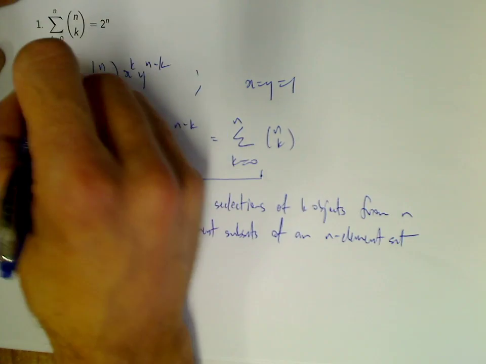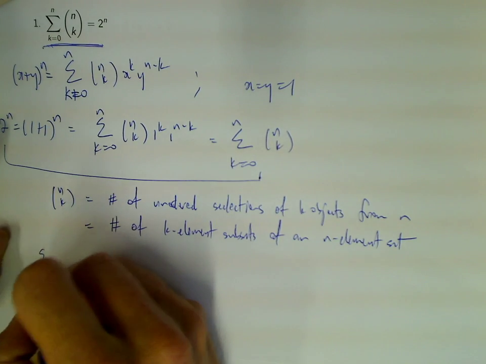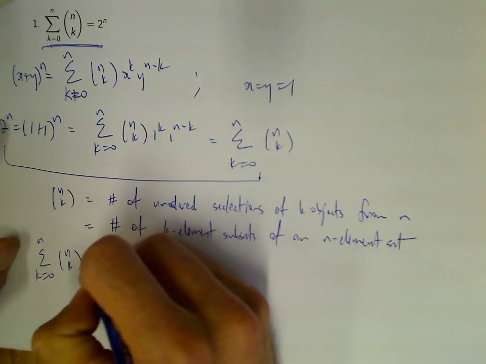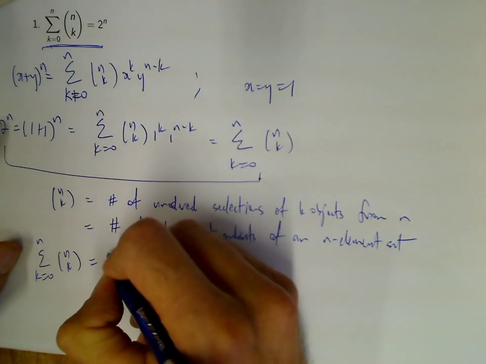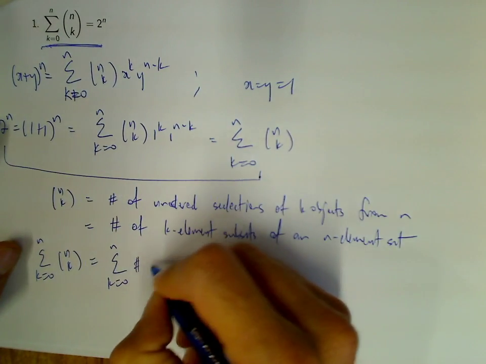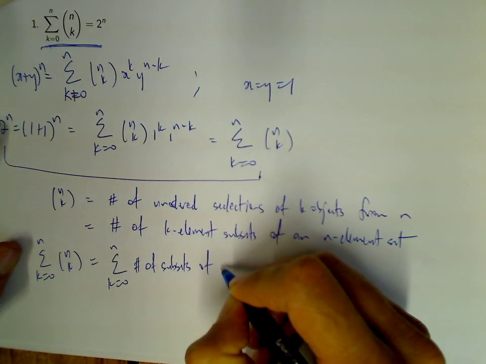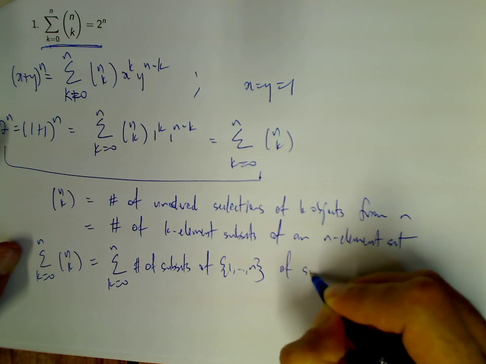Okay, so what are we actually doing here? This is that sum, k equals 0 to n of n choose k, is equal to the sum k equals 0 to n of the number of subsets of, say, the set 1 to n of size k.